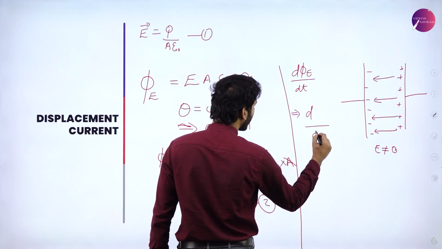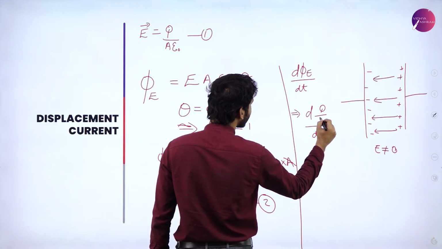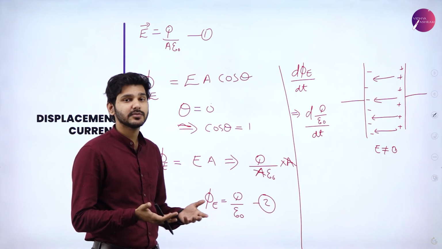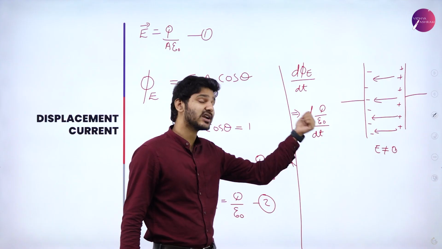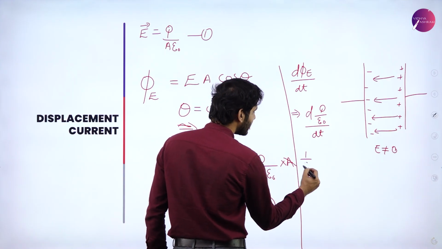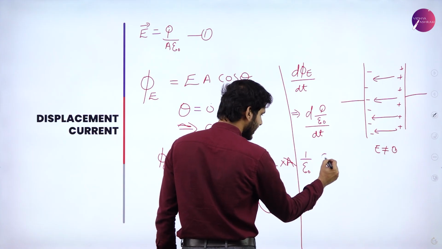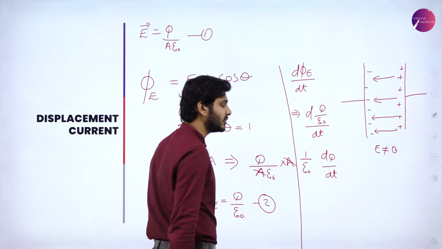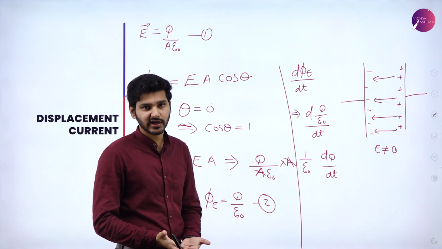d by dt of Q by epsilon naught. And we know that epsilon naught is nothing but a constant, which means that it comes outside of the derivative sign. Then I can say that 1 by epsilon naught times dq by dt will give you the change in flux.